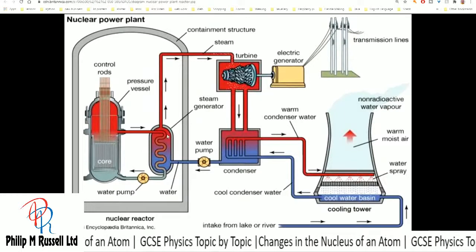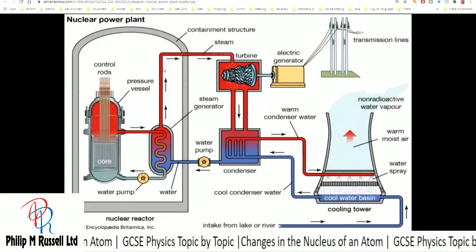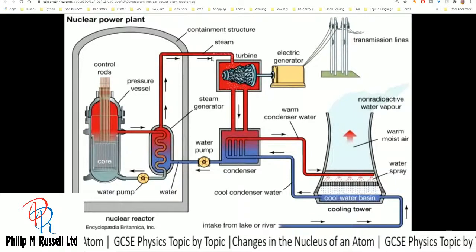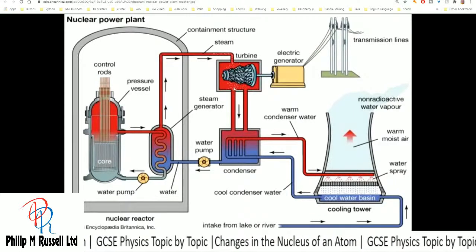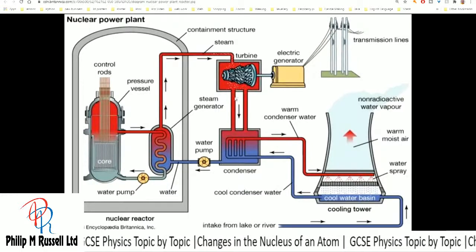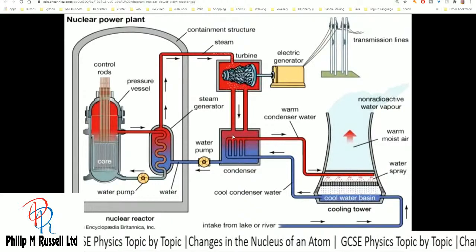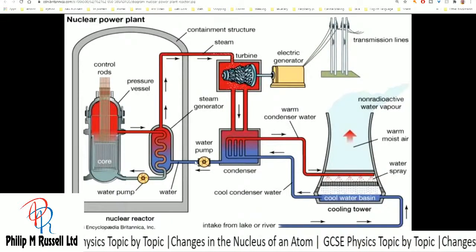This water, as it goes through, gets very hot. It's turned to steam, and this steam drives a turbine. That water, as steam, is then condensed here by cooling it, and then it runs back into this pump.